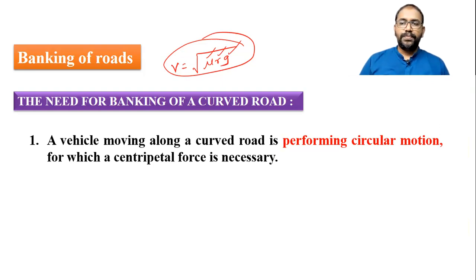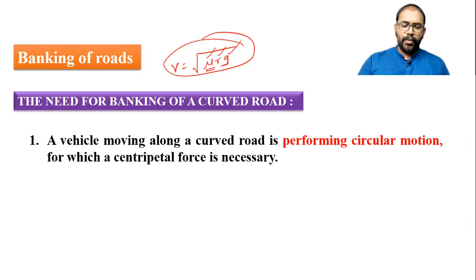But mu, the coefficient of static friction, depends on the season and on the condition of the road. If the road is wet, or if oil is sprayed on the road, then mu changes. So friction is not a reliable way to provide the centripetal force required on the curve path, and because of that, banking of road is necessary.